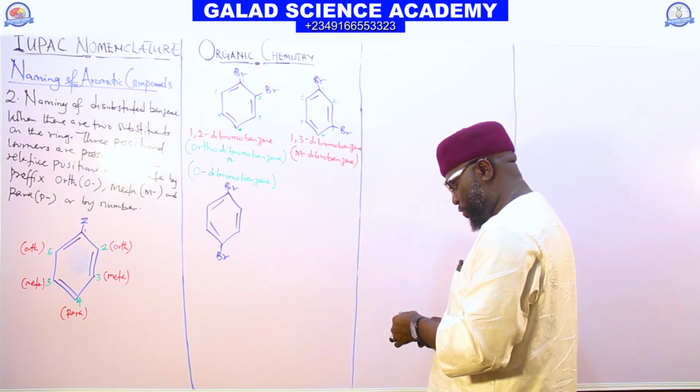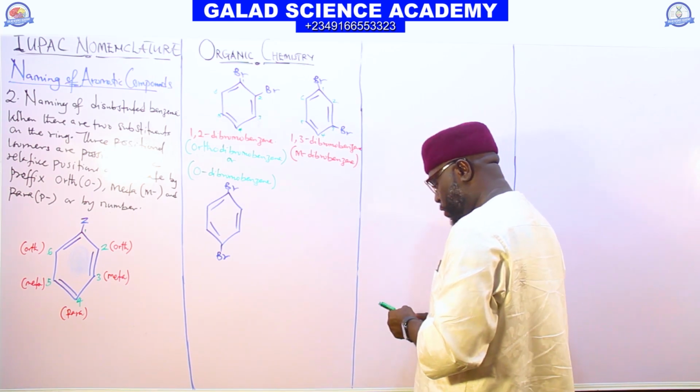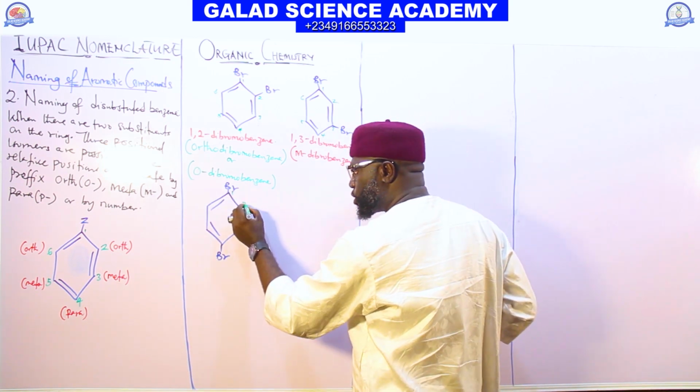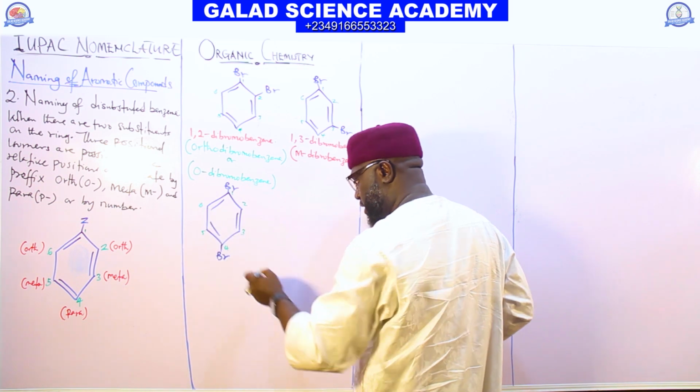So if you have it in this form, what will be the name? The name of the compound now, you know, this is 1, 2, 3, 4, 5, 6.